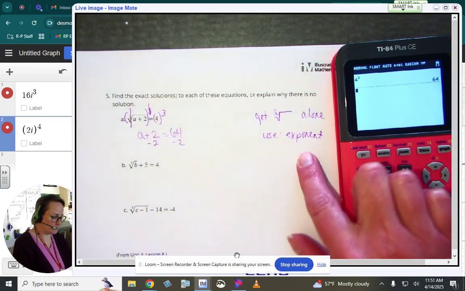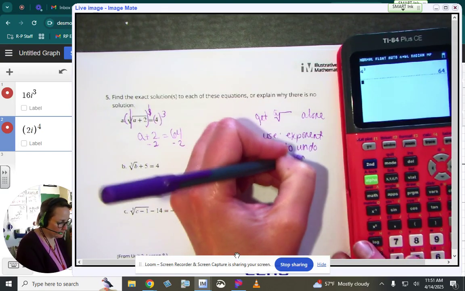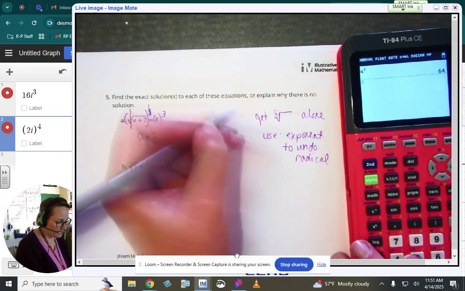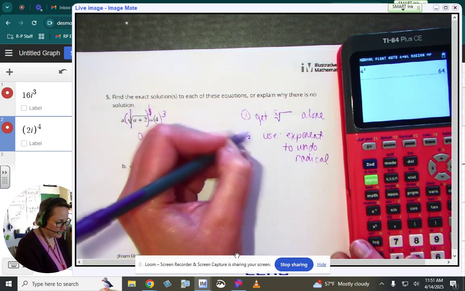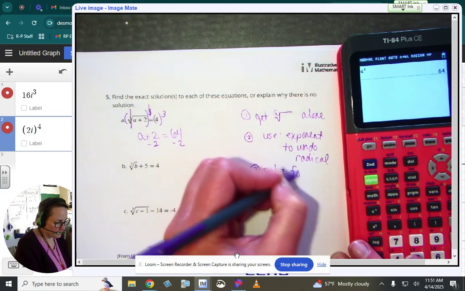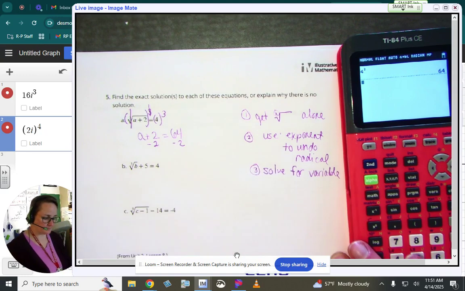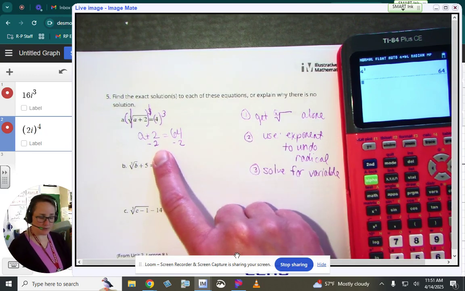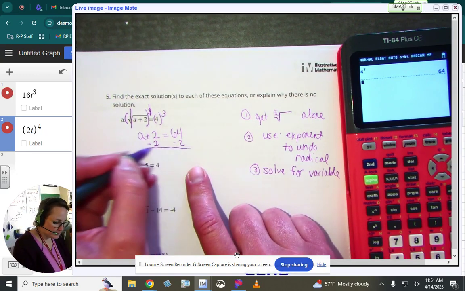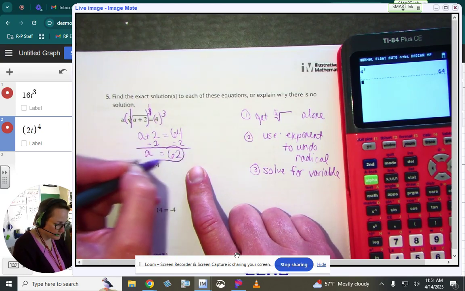So after we use the exponent to undo the radical, we just need to solve for our unknown. Subtracting 2 from both sides tells me that a equals 62.